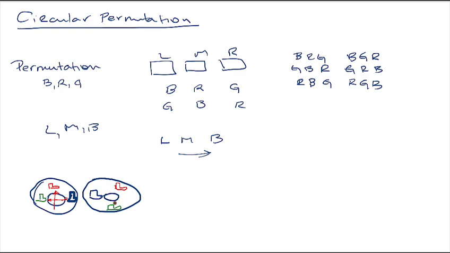So the way to think about it is this. Imagine now a third option where the red one is here, then the blue one is here, and then the green one is here. Well, in the end of the day, although the positions, the coordinates, are different, it is the same.